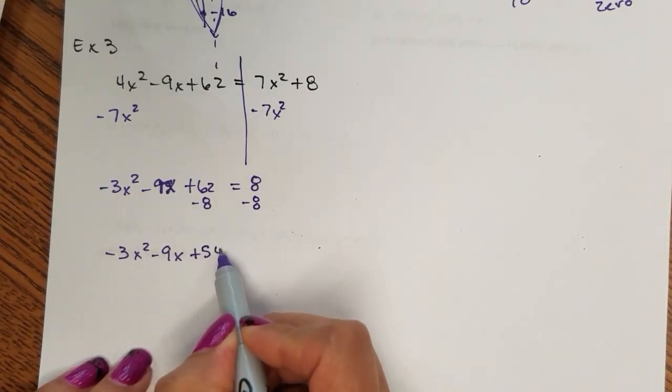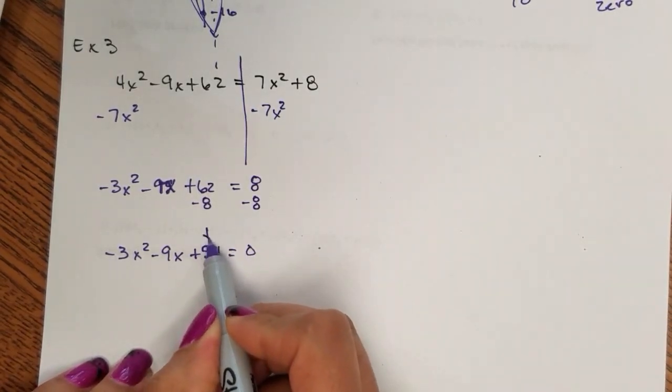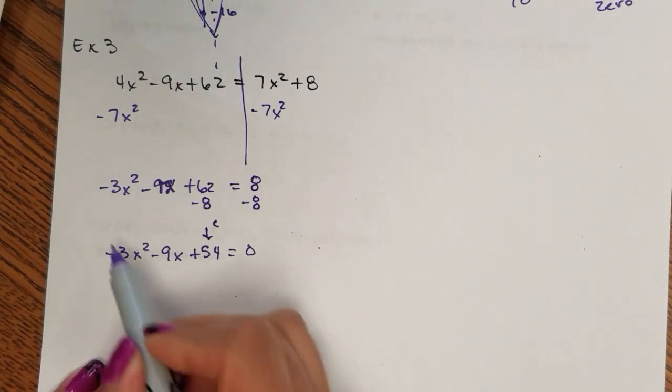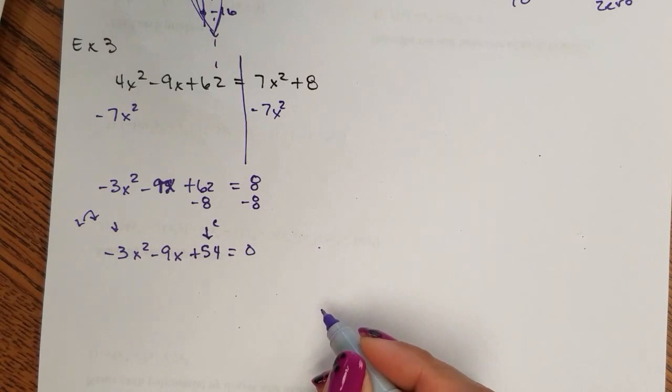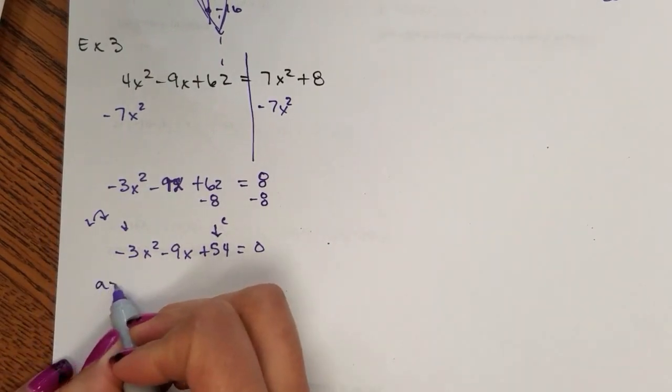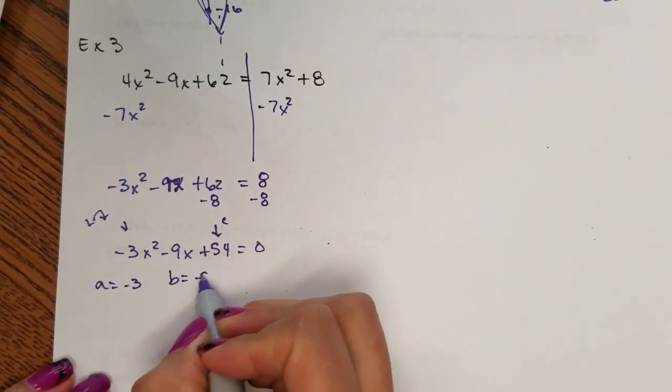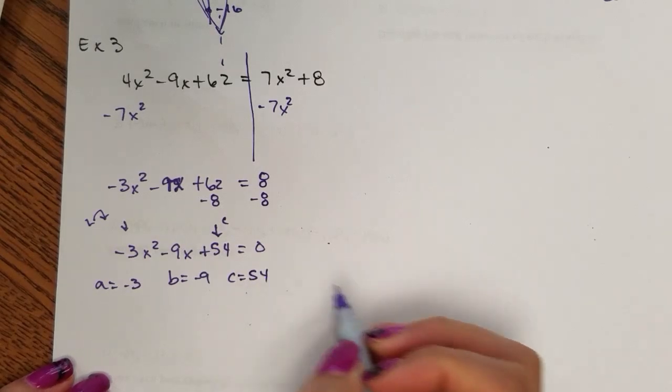Plus 54 is equal to 0, so we know that that is our y-intercept right there, and that our parabola is going to open down because this is negative. So now we have a equal -3, b is equal to -9, and c is equal to 54.